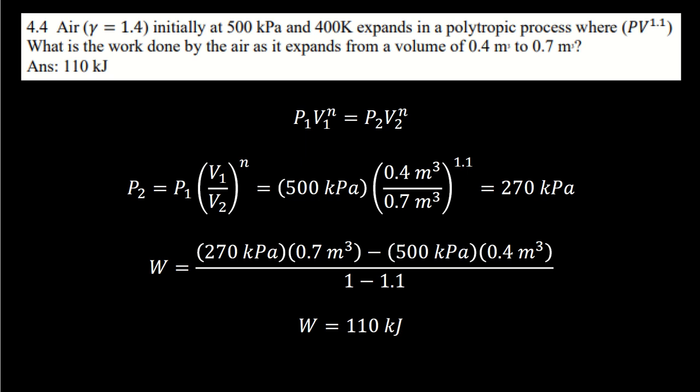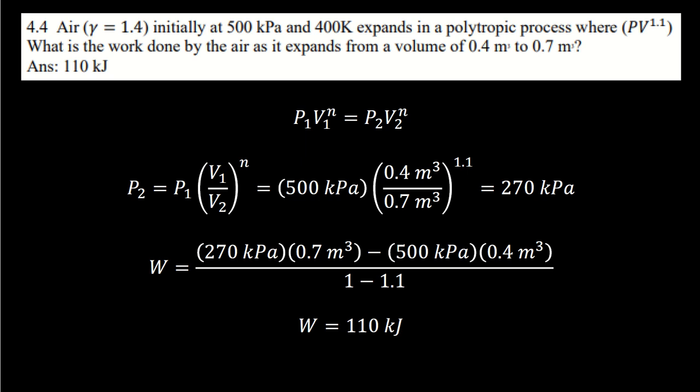Air with a gamma of 1.4 initially at 500 kilopascals and 400 Kelvin expands in a polytropic process where pressure times volume raised to 1.1 is a constant, at the start and at the end of our process, throughout our process. What is the work done by the air as it expands from a volume of 0.4 to 0.7 cubic meters?